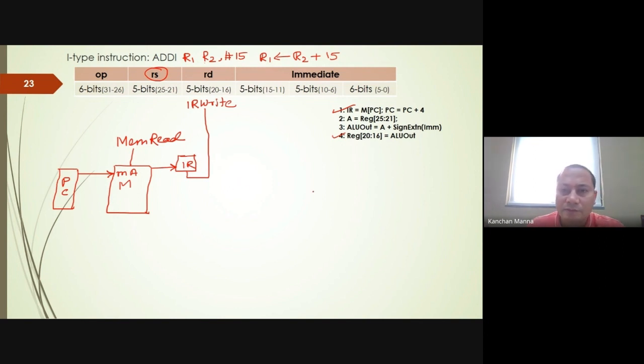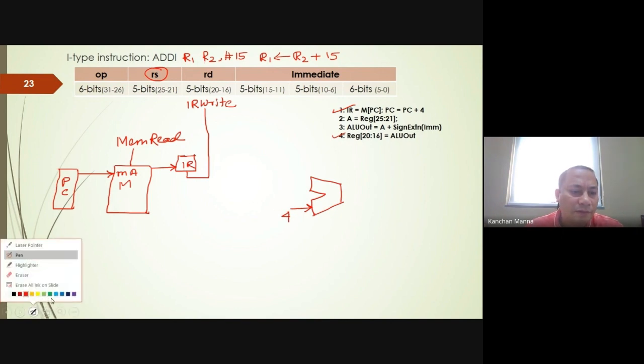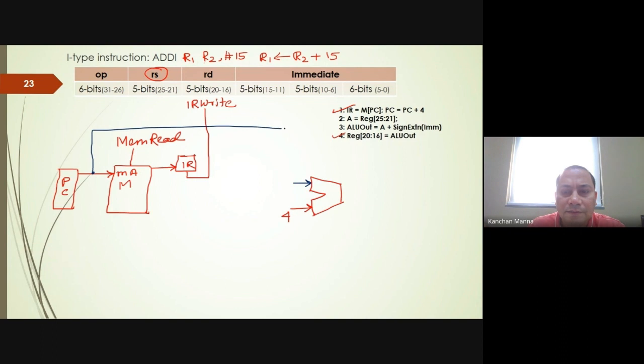Now at the same time, we want to perform PC plus 4. To do that, we have to give 4 here, and we have to bring the PC's content here. The PC's content is available here.